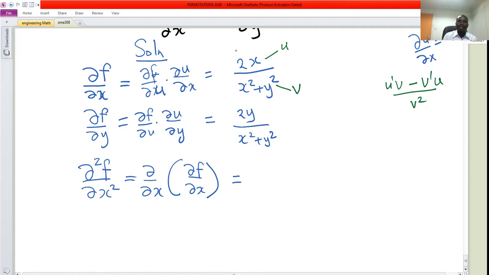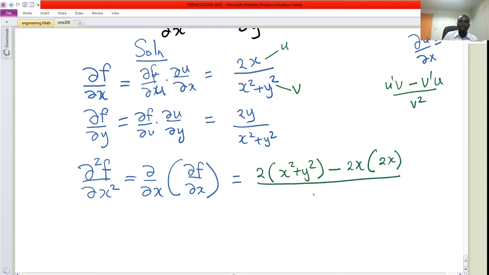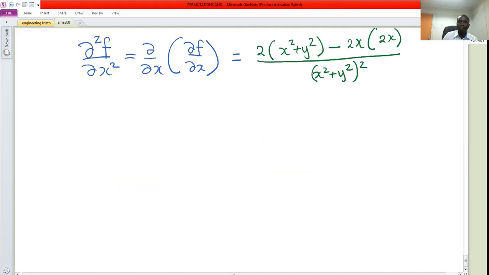When you differentiate the numerator with respect to x, you get 2. You have 2 times v, which is x squared plus y squared, minus, when you differentiate the denominator partially with respect to x, y is taken to be constant, so it will be 2x, times u, which is 2x, divided by the square of the denominator, x squared plus y squared, squared.